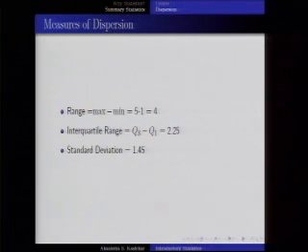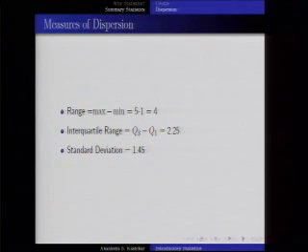Next is the interquartile range. Now what do I mean by interquartile range? The interquartile range is computed using something known as quartiles. What is a quartile? A quartile is a point which represents a kind of 1/4 division of the data. If I want to divide my entire data into 4 parts, I need 3 points.